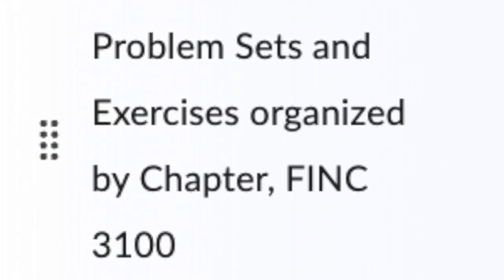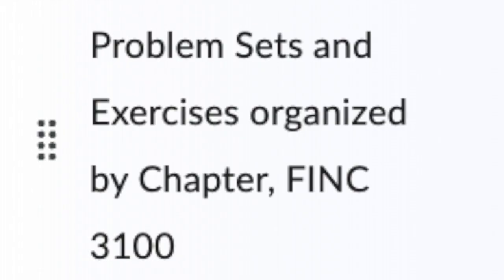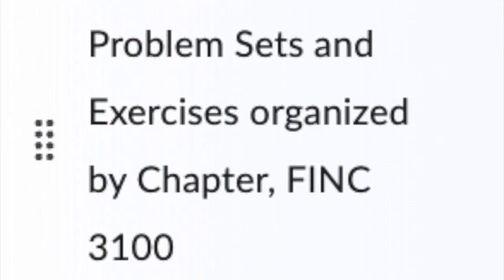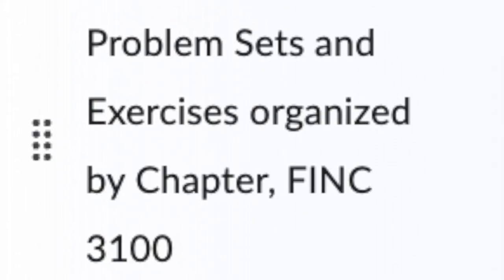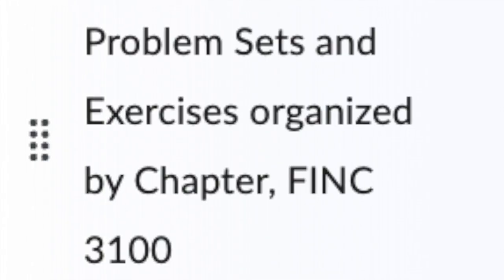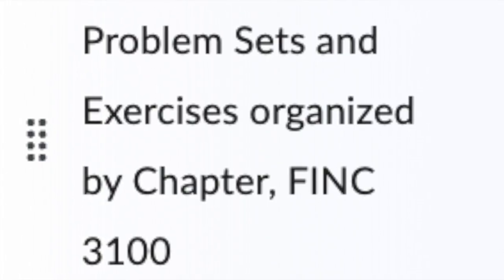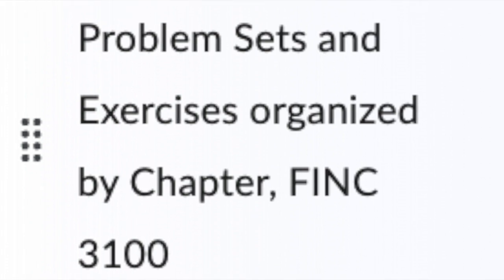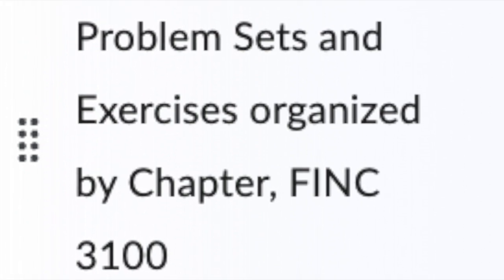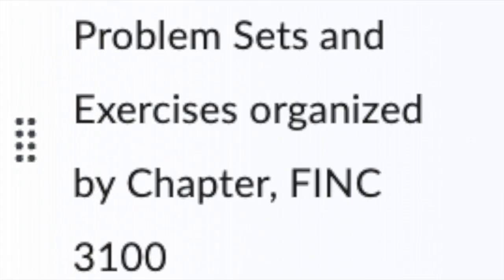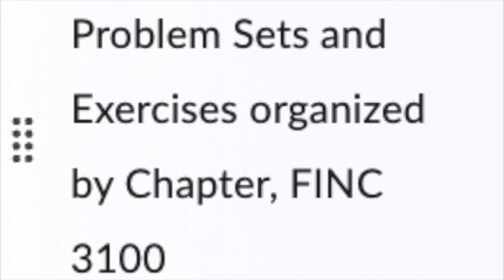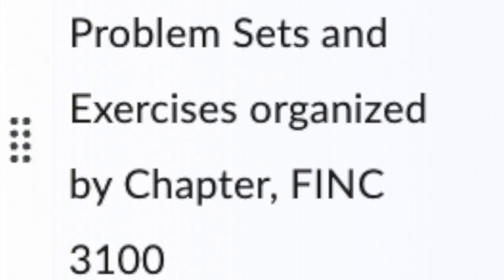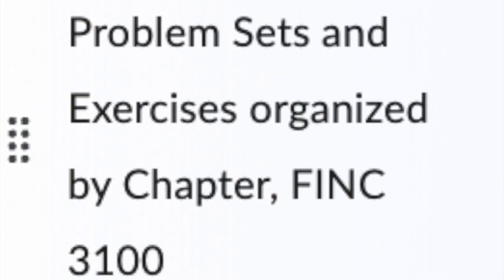After clicking on that link, you will find that the various learning modules and resources are organized by chapter: Chapters 1, 2, 3, 4, 5, 6, and 7. Within each chapter, you will find various worksheets and exercises that we've either completed in class or you've completed at home.